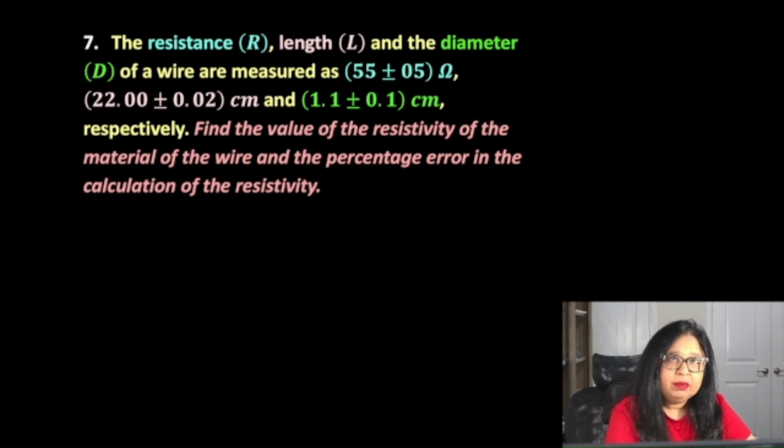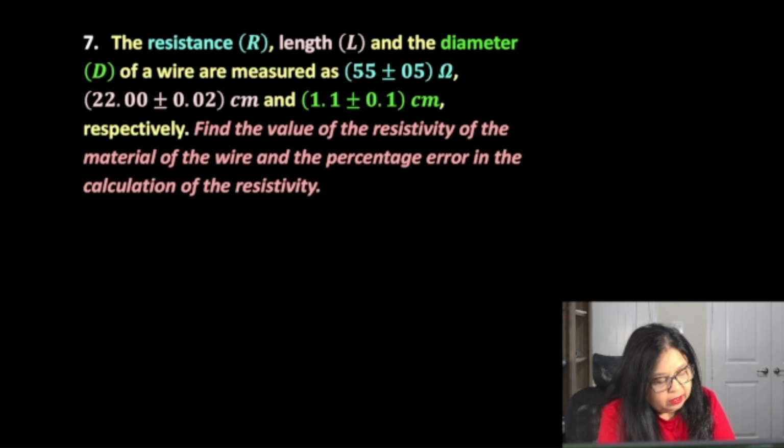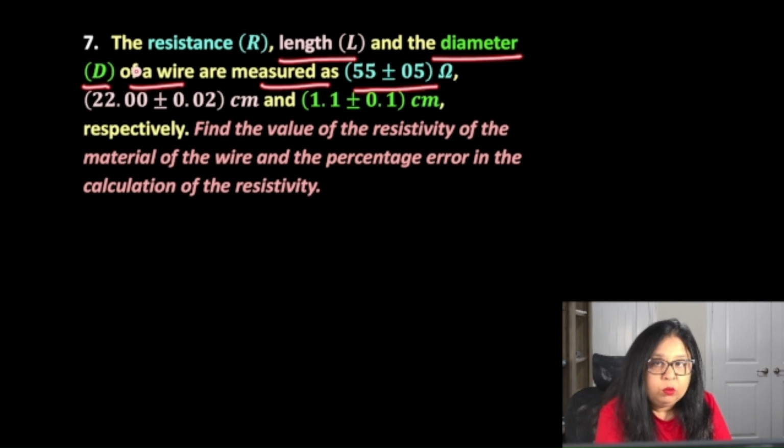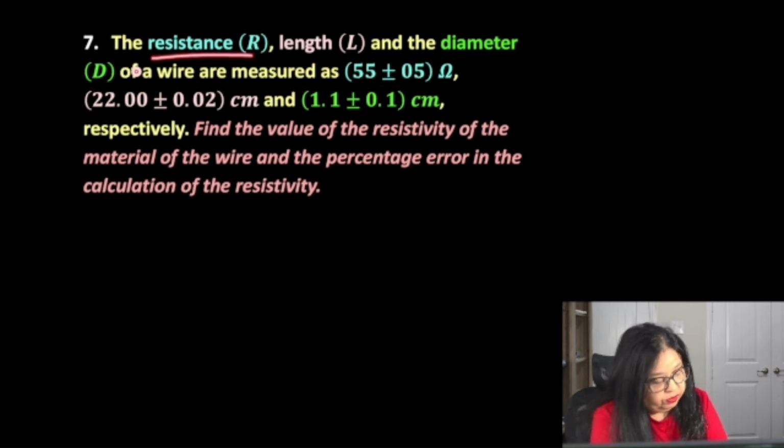Problem number 7, the last problem of this problem set. It says that the resistance R, the length L, and the diameter D of a wire are measured as 55 plus minus 5 ohms, that is the resistance.